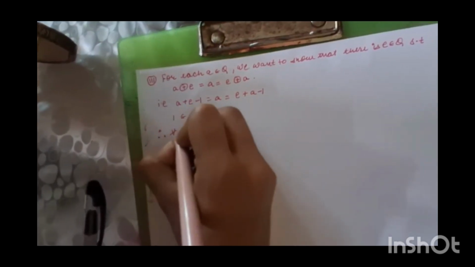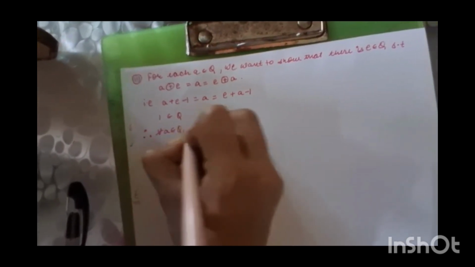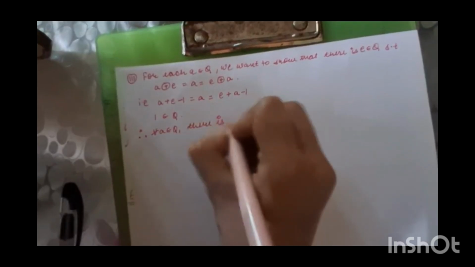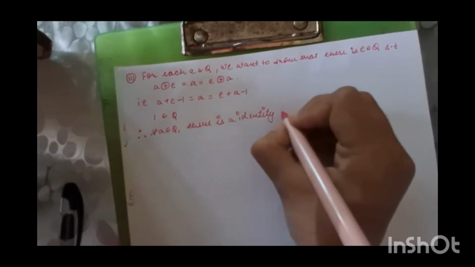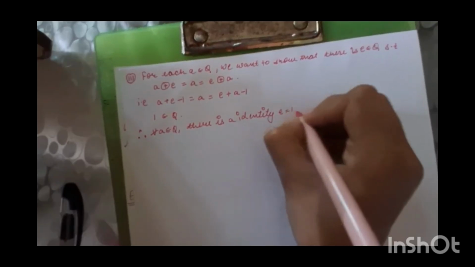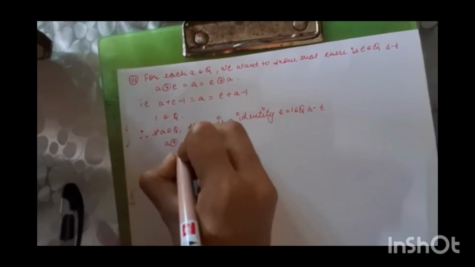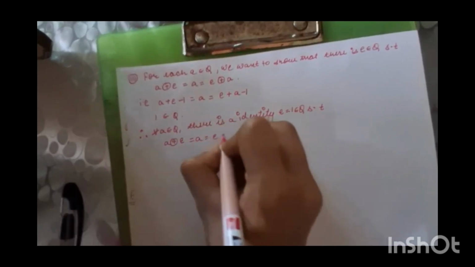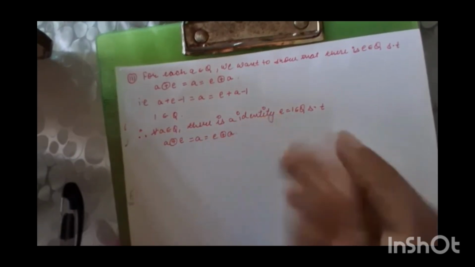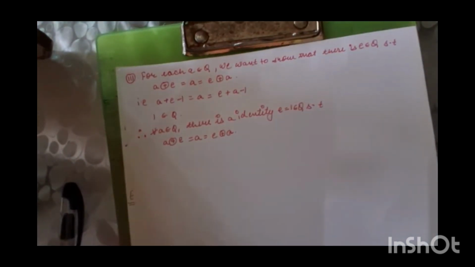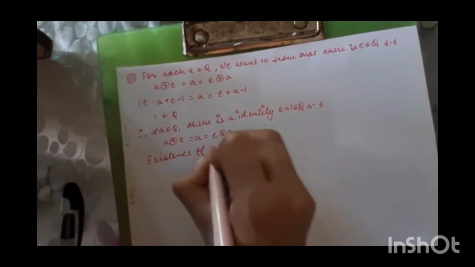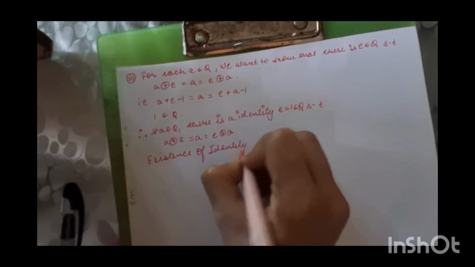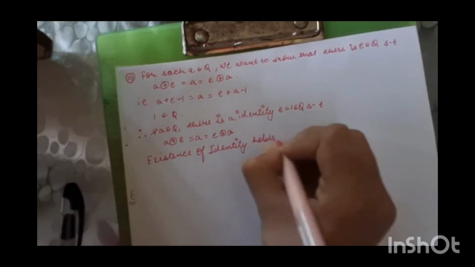So therefore we can write: for all A belonging to Q, there is an identity E = 1 belonging to Q, such that A operating on this identity will give A only. Similarly for this. Now the existence of identity holds here.